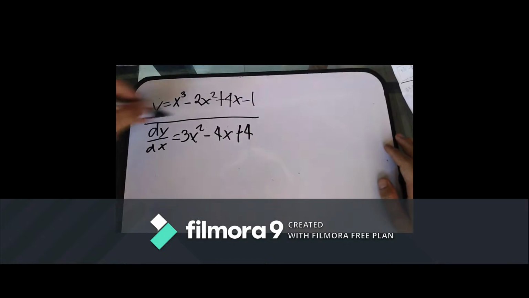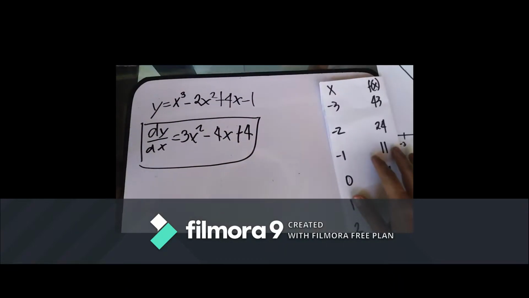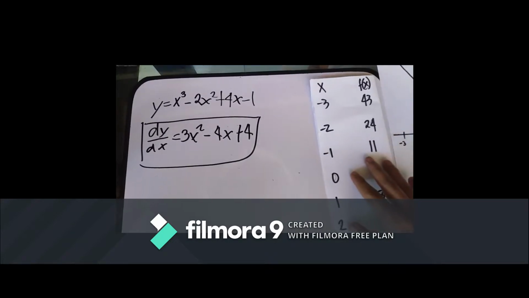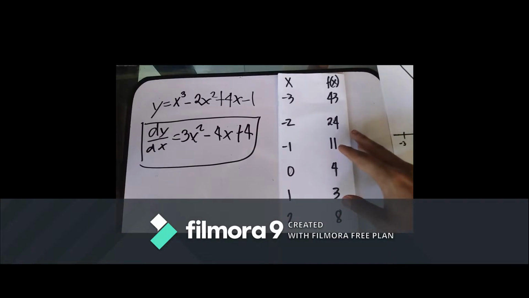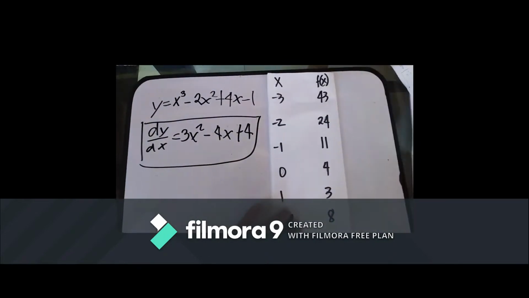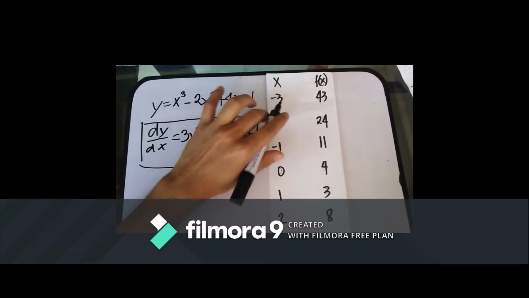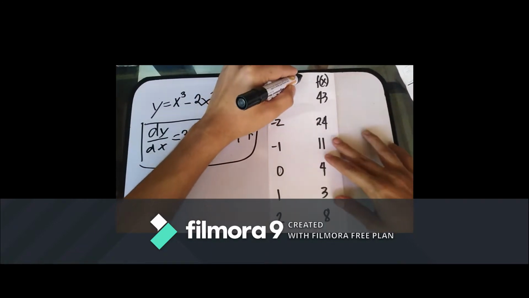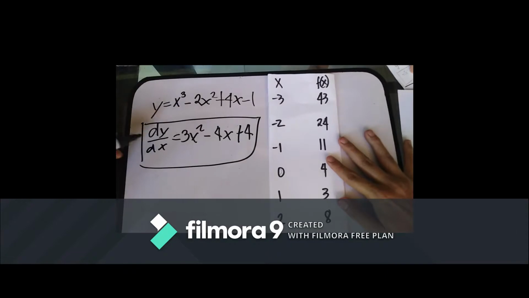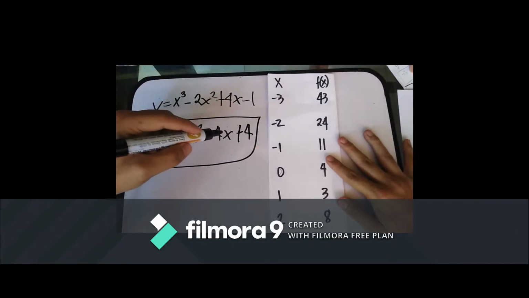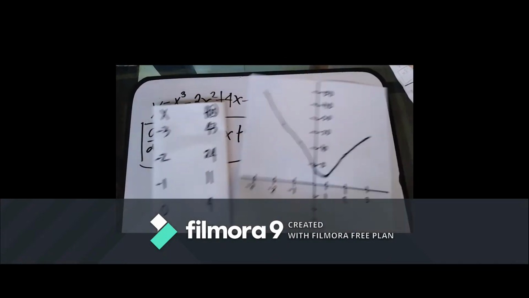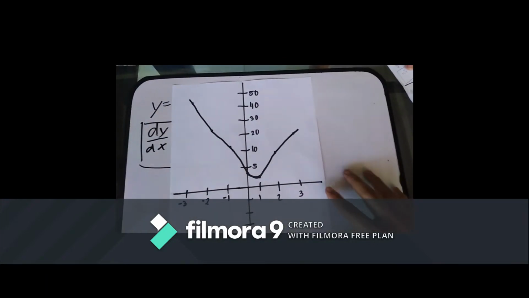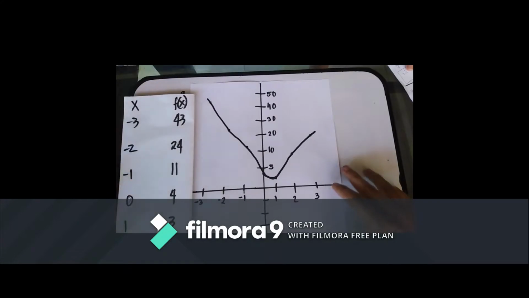And this is your answer. Now we will sketch the graph by using the table of values. This is the answer of 3x squared minus 4x plus 4, and this is the sketch of the table of values.